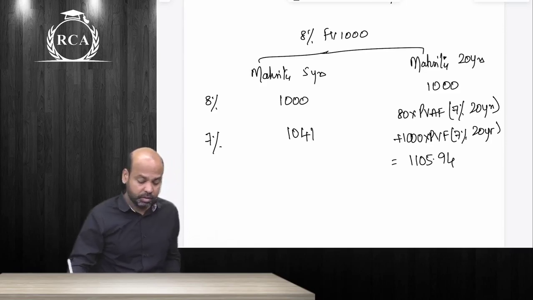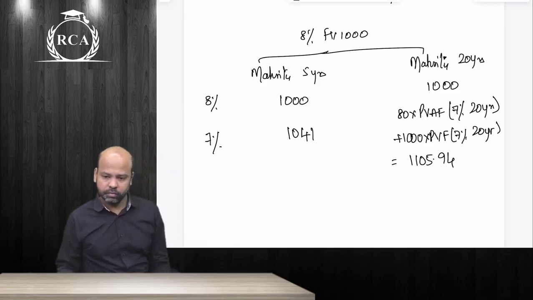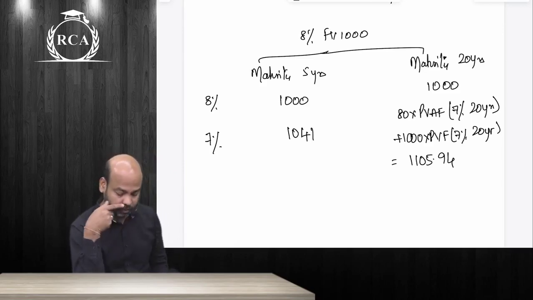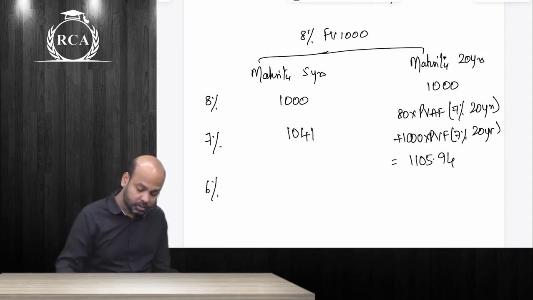Example, write this better. एक 6% पे भी वैल्यू कर लेना.